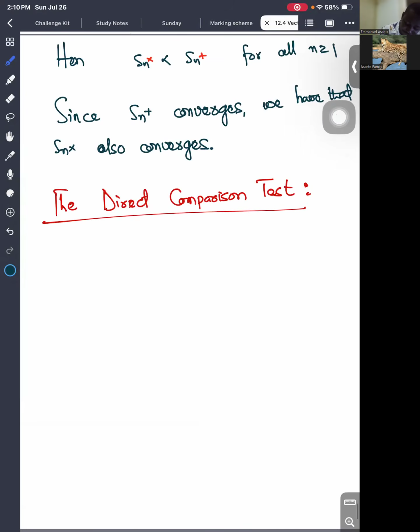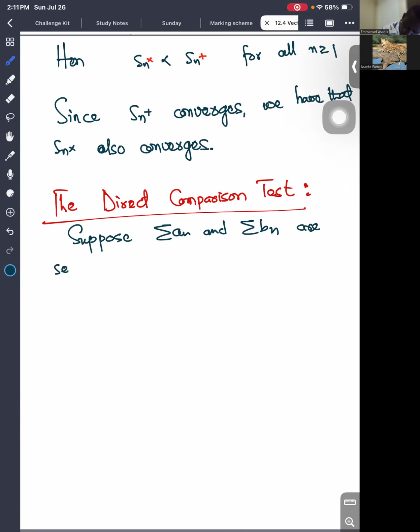So you consider two series, and suppose you have these two series with positive terms. Remember, everything depends on the sequence of partial sums, so your series must not alternate between negative and positive terms. All your terms must be positive.